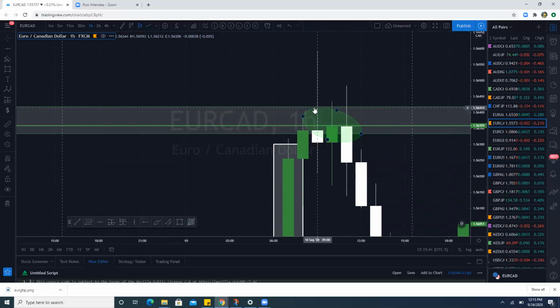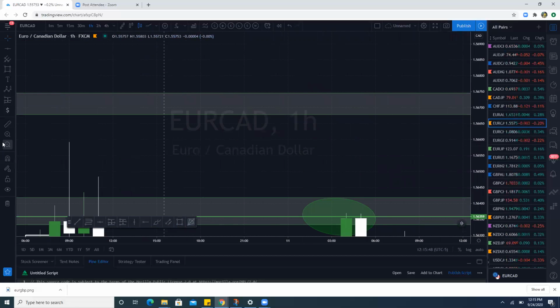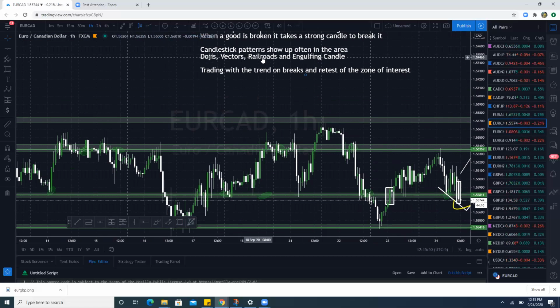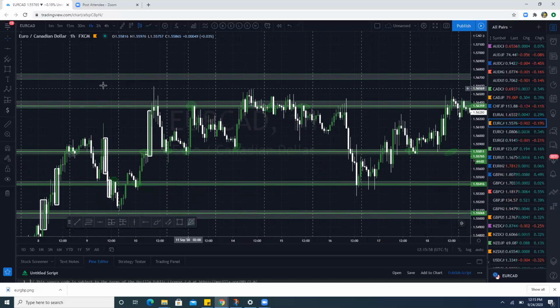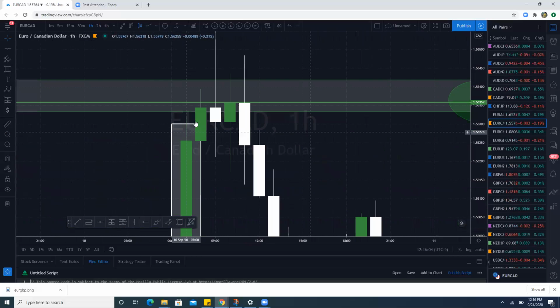Now, within these dojis, there is the other pattern, the vector. A vector always shows up with dojis. So if you see a bunch of dojis, there's a chance a vector can be there too. If we go back to that same example, a vector is just a string of wicks in the same direction.